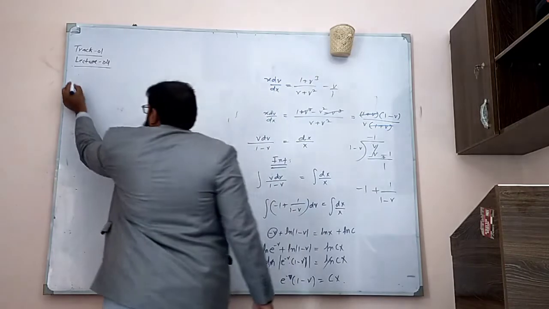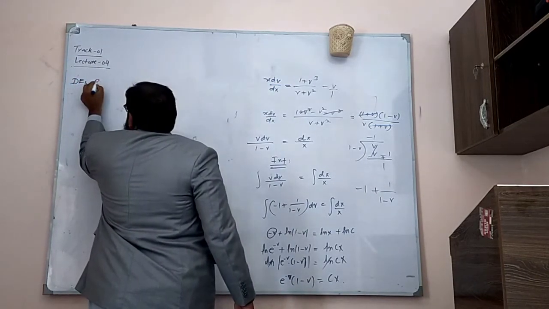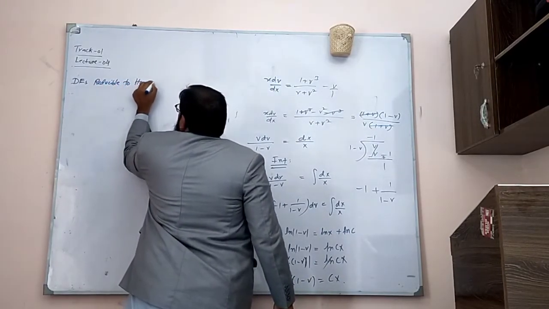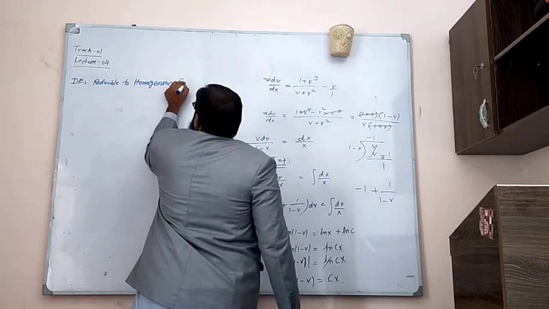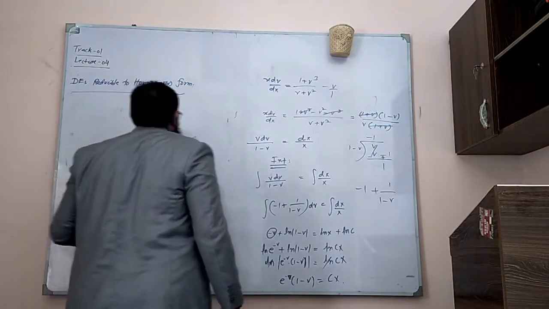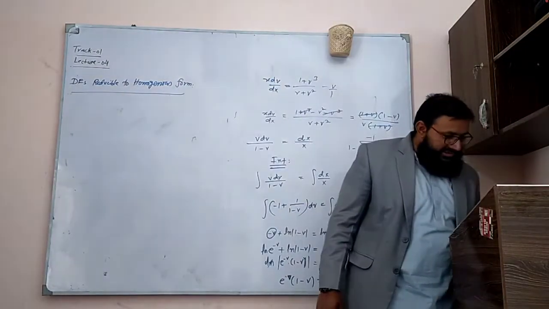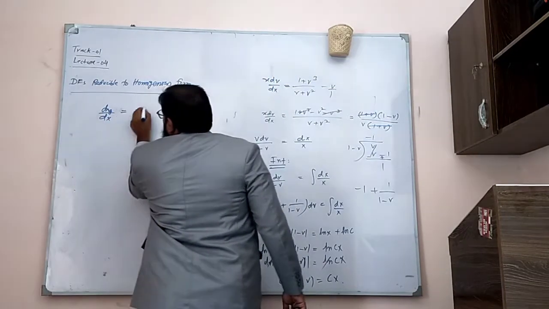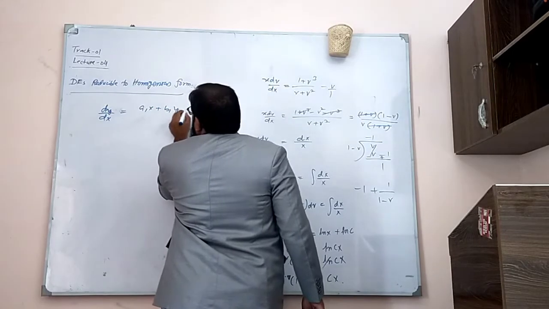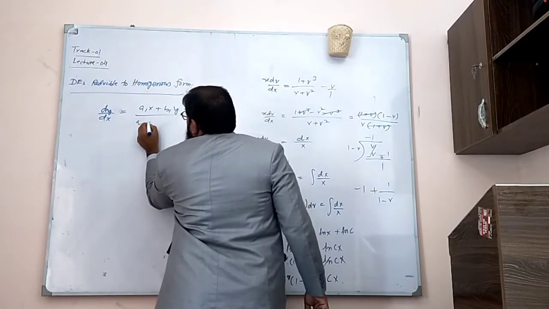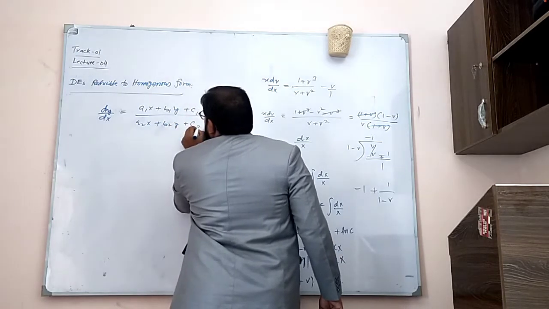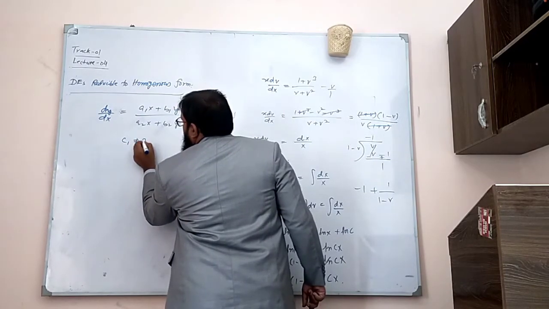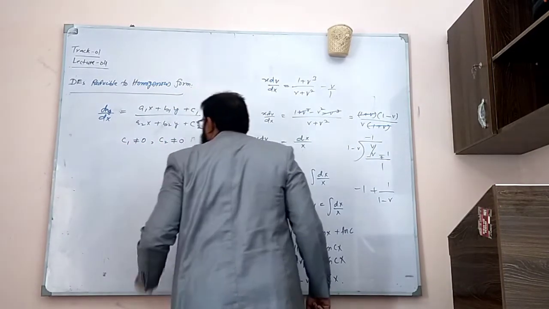Differential equations reducible to homogeneous form. So let me take one form of those equations, and those are dy by dx equals (a1x plus b1y plus c1) divided by (a2x plus b2y plus c2), where we can assume that c1 and c2 are not 0.